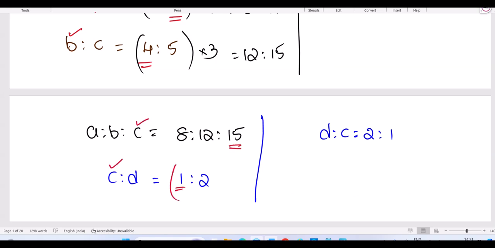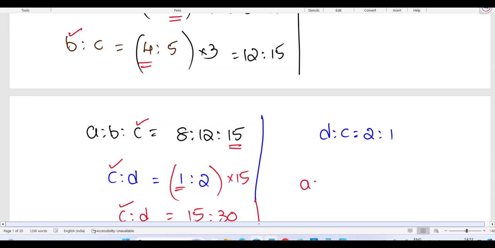I need to multiply the second one by 15, so it is 15 and 30. Now the same letter in the same position has the same value, so you are allowed to combine. A, B, C, D is nothing but 8, 12, 15 and 30.